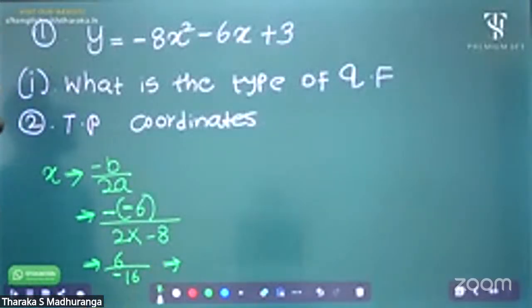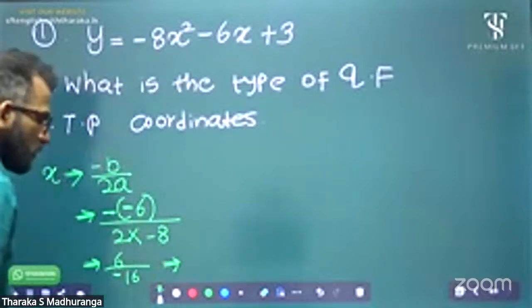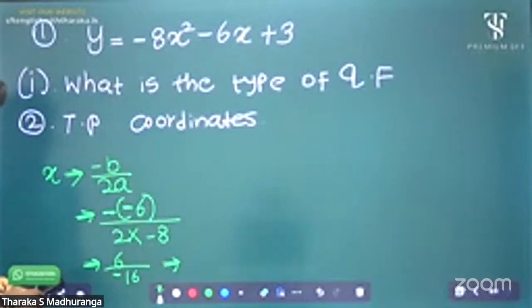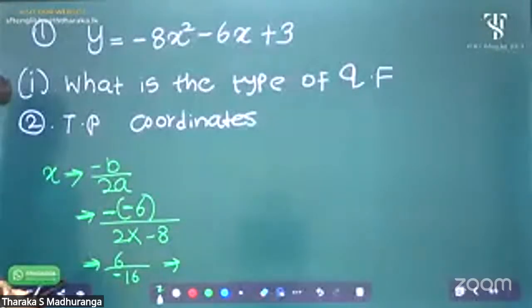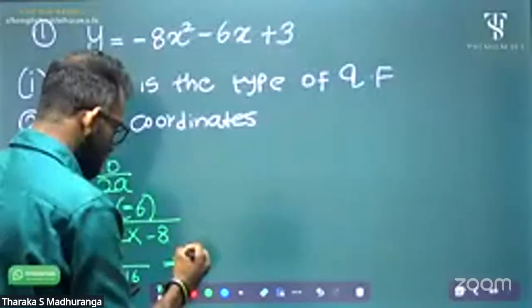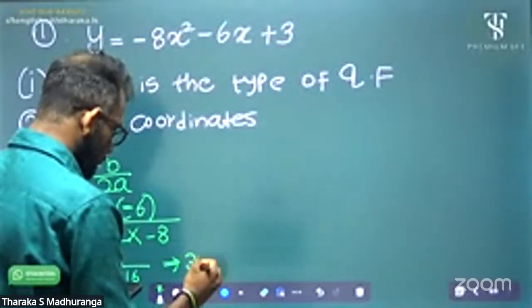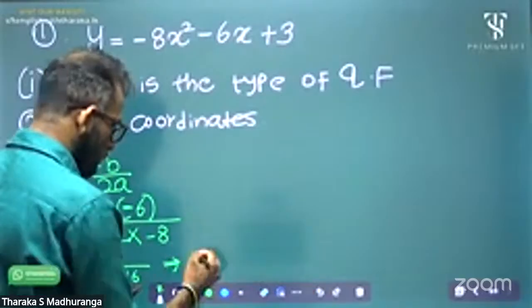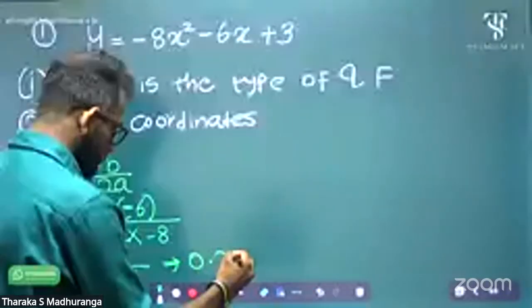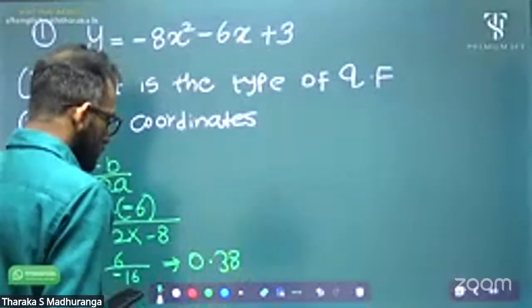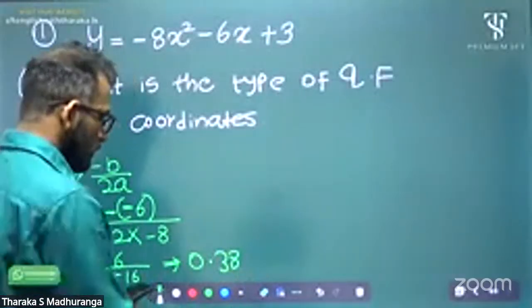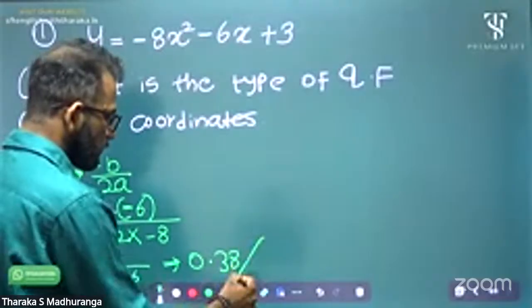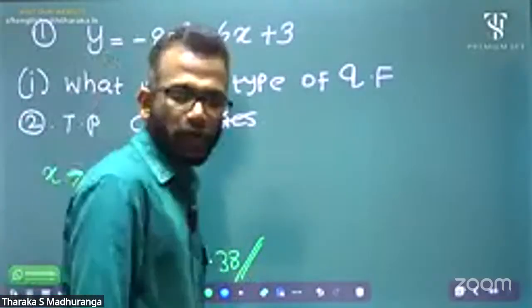So 6 over minus 16 gives minus 0.38. This is the x coordinate value.